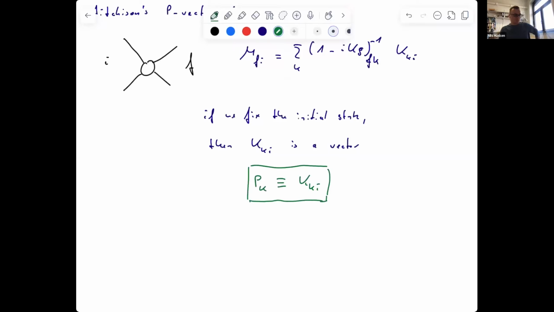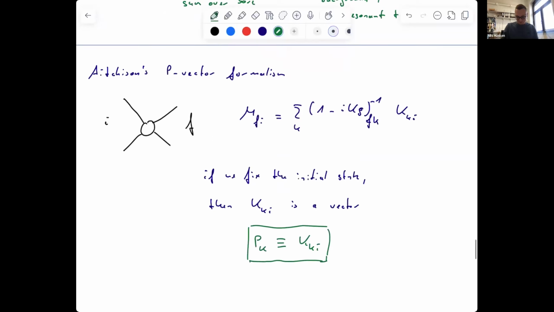And then in principle, you're basically done. This is the easiest way to derive the p-vector formalism. You replace this right-hand side matrix K by just a vector, realizing that your initial state isn't changing.